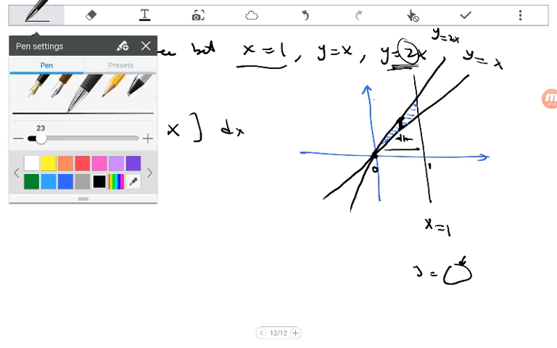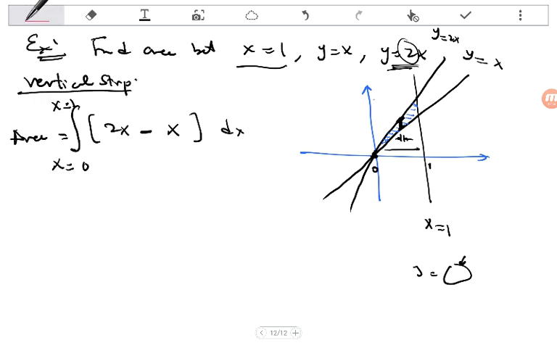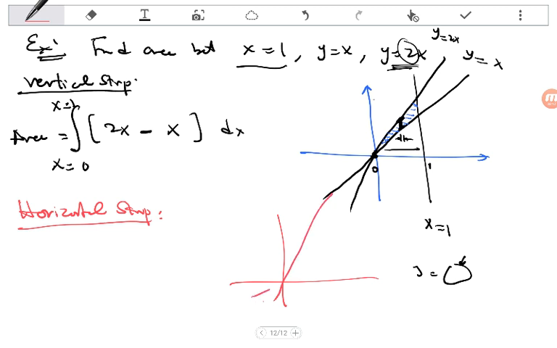What if I would like to find the area using a horizontal strip? I will just graph it again, but make it wider to see the effects.